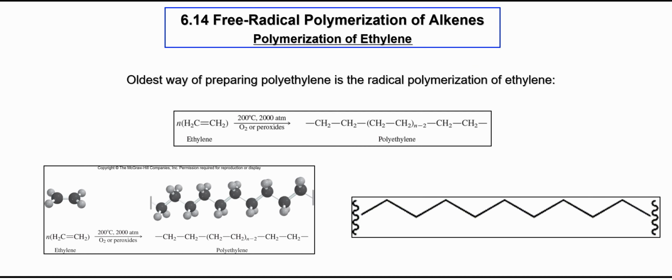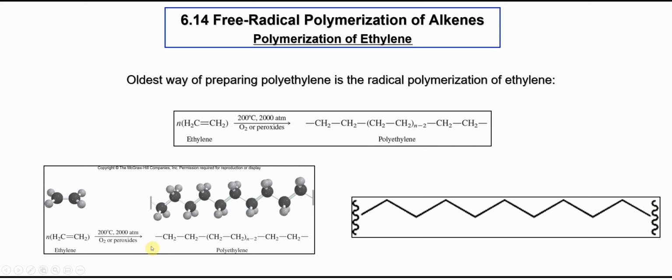The very last reaction will be our polymerization reaction. A commonly known polymer is polyethylene. Polyethylene is a very important product of radical polymerization of ethylene. So you produce a polymer under high temperature, high pressure.